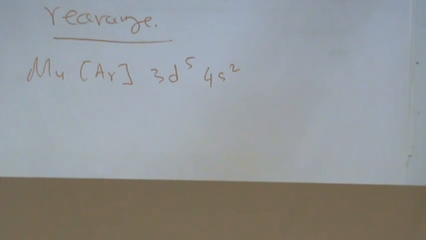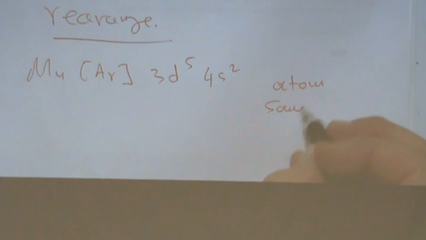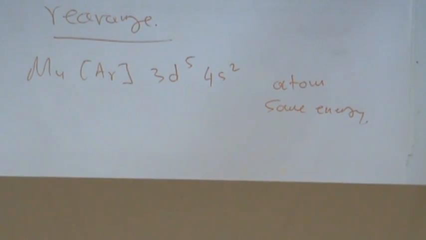You put whatever electrons you have in the valence shell in a way of increasing first quantum number. When you do that, you are ready to go into the ion. So this is still the atom, same energy. I didn't shift electrons from one orbital or shell or subshell to the other. So it's the same energy. I just rewrote it in a different way.